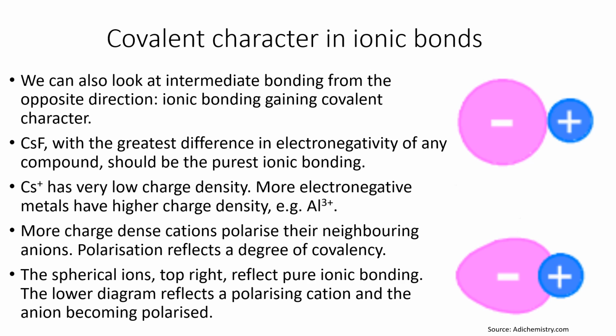A polarizable anion would be an anion which is not holding on to its outer electrons very well. For example, if an anion was much larger, this could be the result of it being further down the periodic table. As you go down the halogens, when you get to iodide, that's a much larger anion, with more shells of electrons.